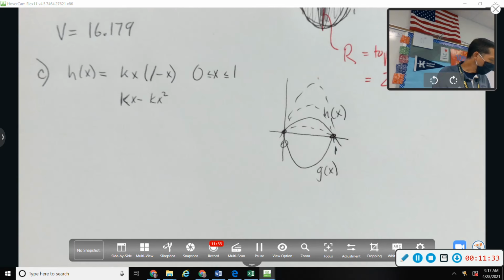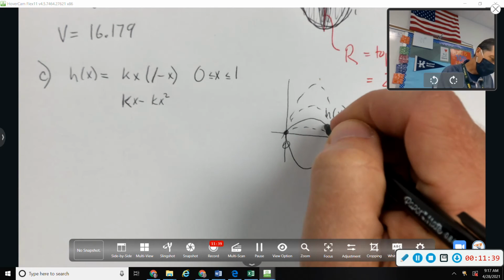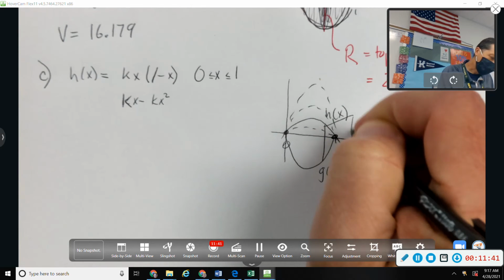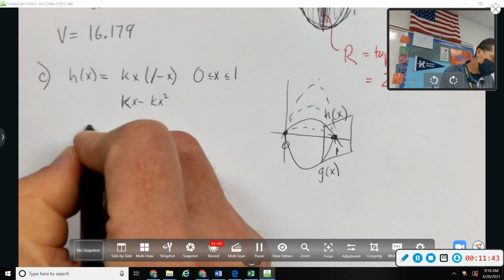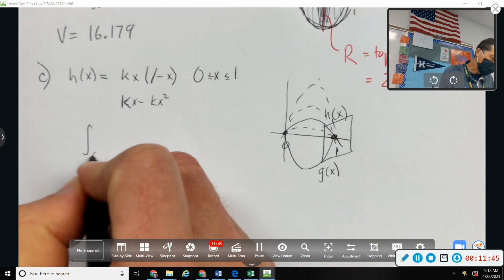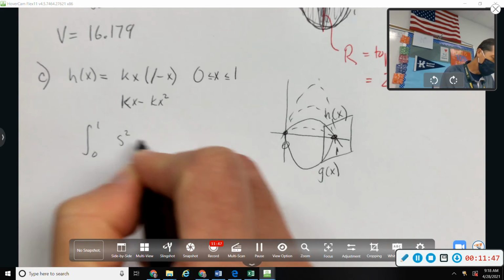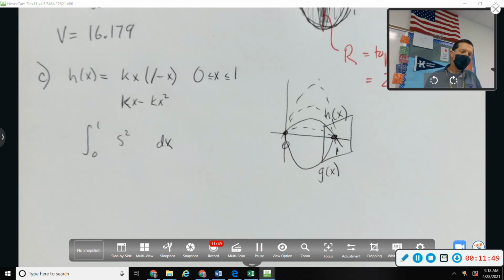Okay, so there's some volume. The base of a solid with square cross sections perpendicular to the x-axis. All right, we like square cross sections because adding up squares is easy. So I'm going to add up the squares from 0 to 1. Again, that's my attempt to draw a square coming up out of the page there.